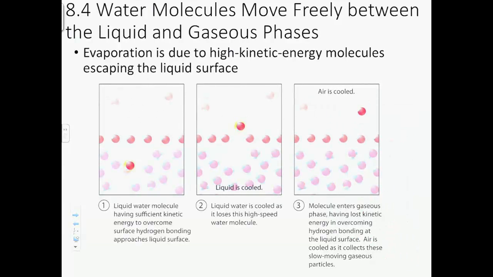All right, so if we look at this from kind of a kinetic energy model, what's going on here is once it has sufficient energy to overcome what's called hydrogen bonds, then it can escape. Now, what are hydrogen bonds? We'll get to that in a much greater detail later, okay? But for our sake, if you look at the structure of water, we'll just talk about it in a general sense today.